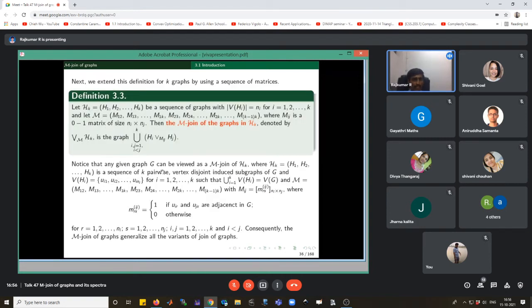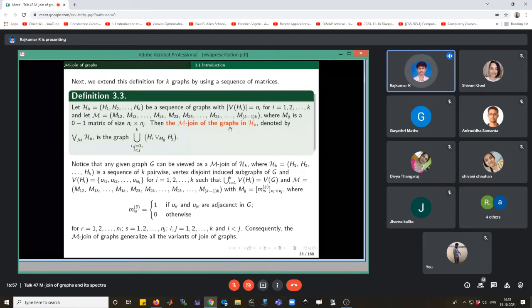Now we extend this definition to k graphs by using a sequence of matrices as follows. Let H_k be a sequence of graphs H1, H2, ..., Hk. We take k graphs H1, H2, ..., Hk with the number of vertices in each Hi being ni, and script M to be the sequence of matrices Mij. Each one is a 0, 1 matrix of size ni by nj.